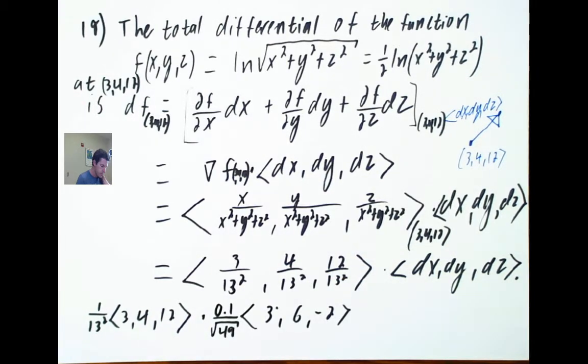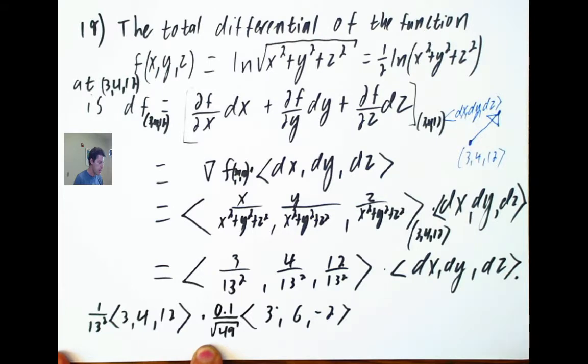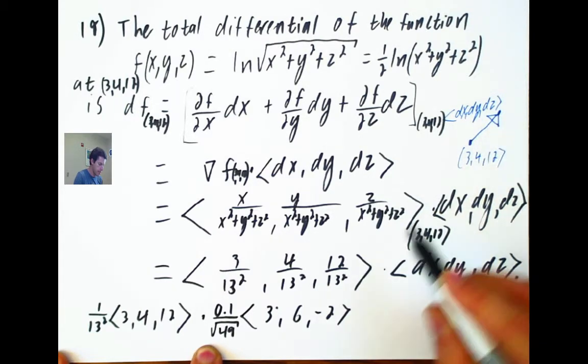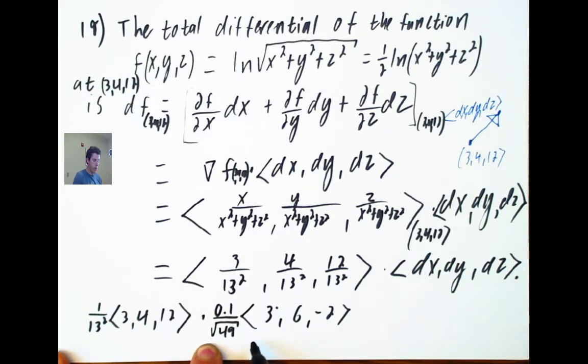There we go. And so now I'm taking the dot product of the gradient with this rather small vector. It was of length 1, and then I multiplied it by 0.1. So it's actually of length 0.1. I guess that's fairly small. That is the change in f as I go from 3, 4, 12 out to this point, which is 3 plus 0.3 over square root of 49, etc.